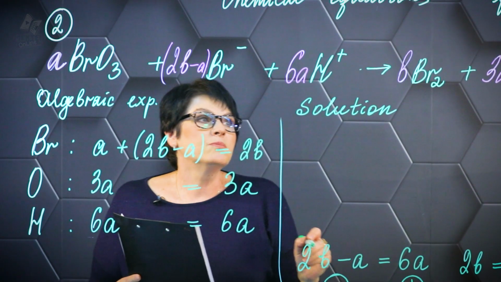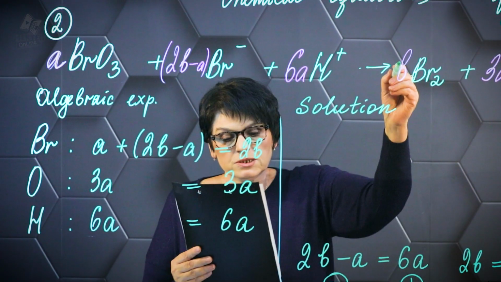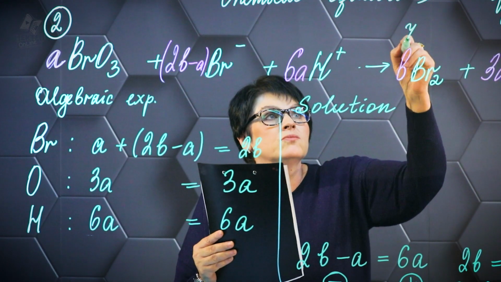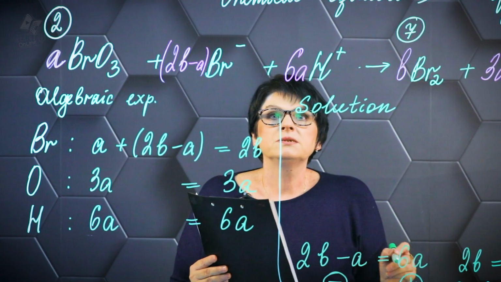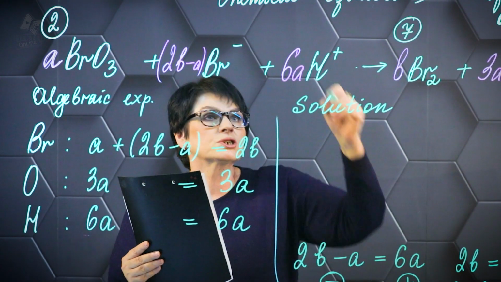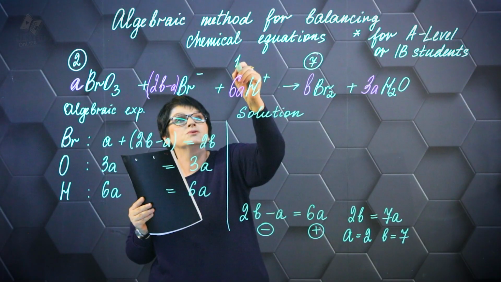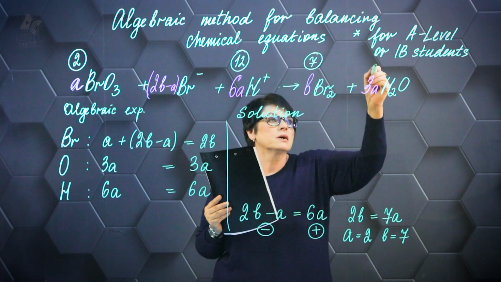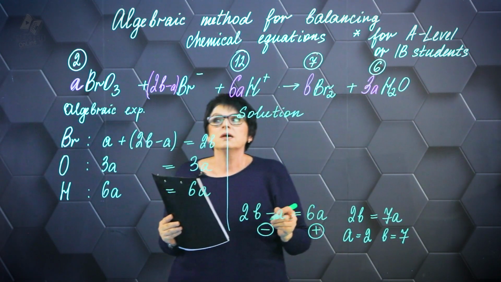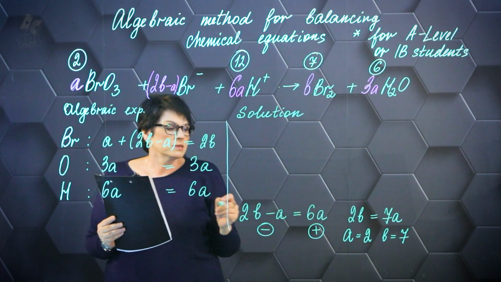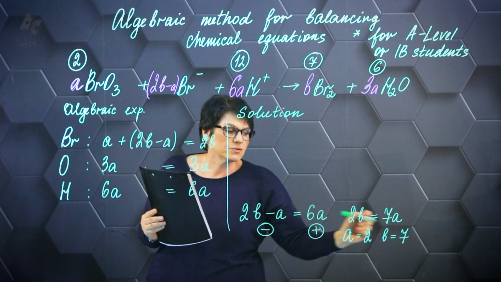Now B is 7, so right here in front of the formula Br2 will be 7. Now further, hydrogen is 6A, so 6 times 2 is 12, and here is 3A, so we get 6. And it's left to figure out what the coefficient in front of the bromide ion would be. 2B is 14 minus 2, so that would be 12 in front of the bromide ion.